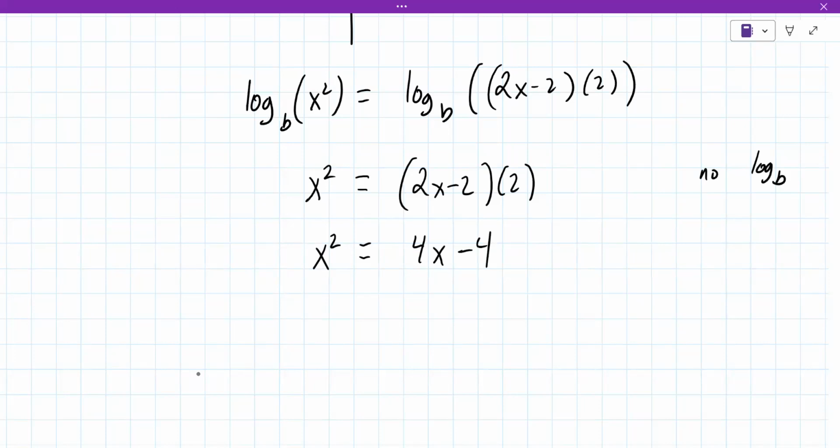We've solved a number of problems like this today, so I'd like you to solve this quadratic. You'll probably want to factor.